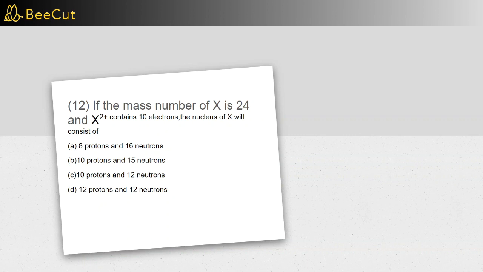The nucleus of X will consist of the proton and the neutron. 8 protons and 16 neutrons? No. 10 protons and 15 neutrons? No. C, 10 protons and 12 neutrons? No. D is the correct answer, which has 12 protons and 12 neutrons.